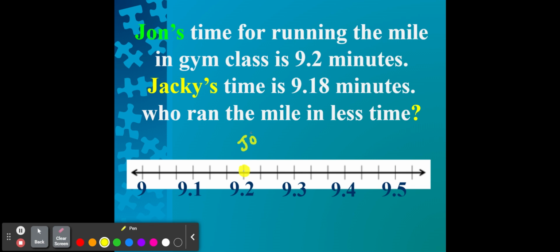Jackie's time is 9.18. So if I'm looking here, here's 9.1, here's 9.2, which this really means 9.10, and this means 9.20. So that 9.18 is probably right about in here. So we're going to put her there. That's Jackie. So less time, remember, left means less.